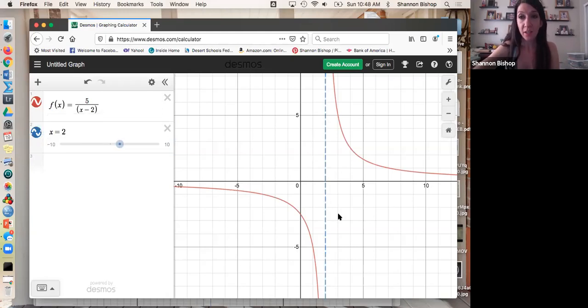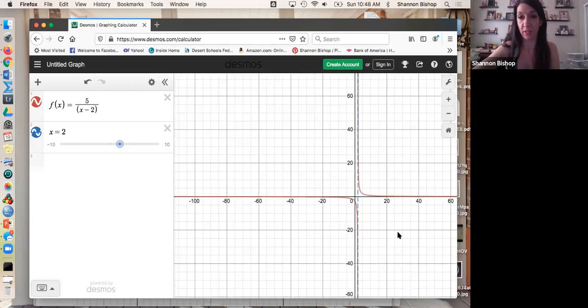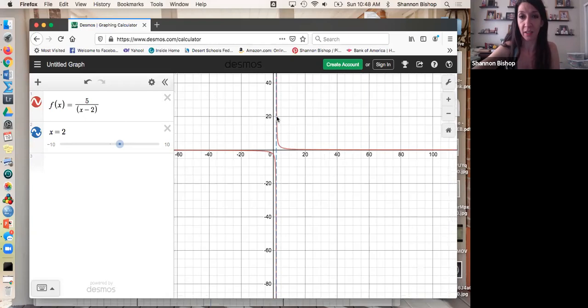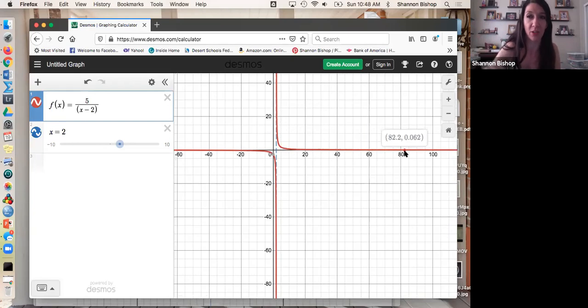But horizontal asymptotes, okay, so check it out. If we zoom out, can you tell that this rational function also seems to approach a flattening, or leveling out, so to speak, value in the horizontal direction as well?